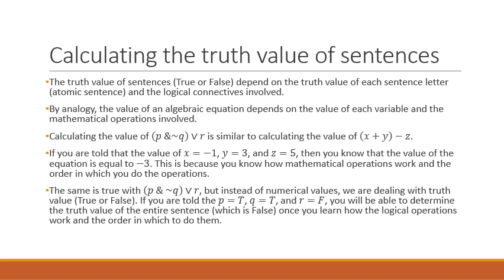So if I tell you that the value of p is true and the value of q is true and the value of r is false, you should be able to figure out what the value of the entire thing is once you learn how the logical operations work. You need to know how negation works, you need to know how conjunction works, and you need to know how disjunction works in order to calculate the value of this expression. And in this case, the value is false.